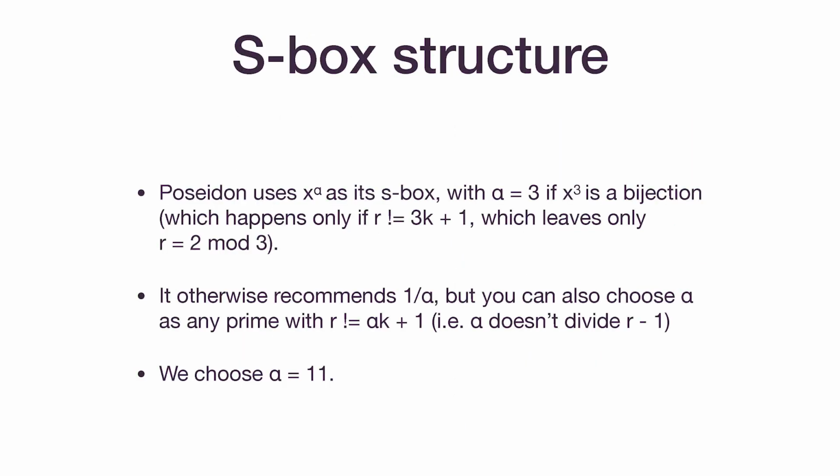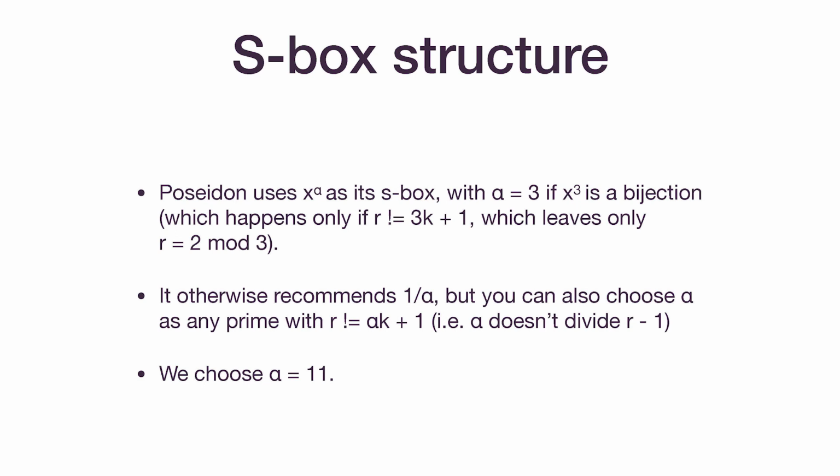So what do these S boxes themselves look like? In Poseidon, you have x to the alpha as your S box, and this needs to be a bijection, which means you should use alpha as the smallest prime so that your prime minus 1 is not divisible by that prime.